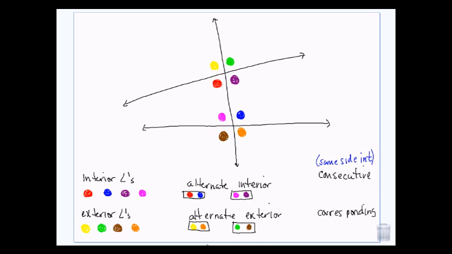Oh, and then they would go across. They make like an X to be alternate exterior. So alternate means on opposite sides, and exterior means on the outside. And then on the inside, you have alternate interior. So they're interior angles, but they're on opposite sides. So they make like an X.